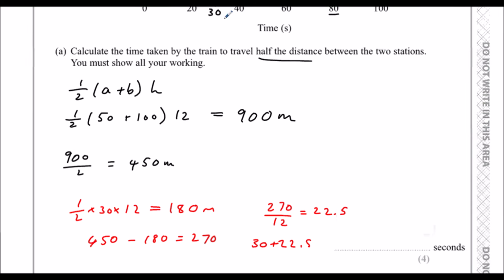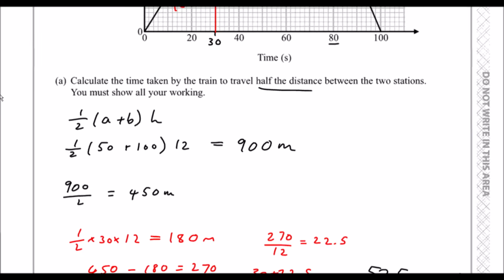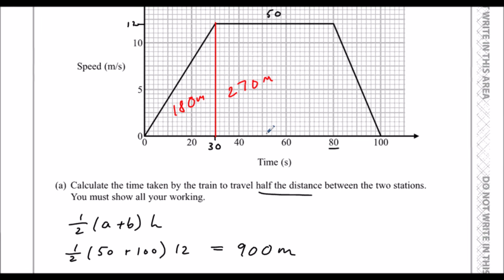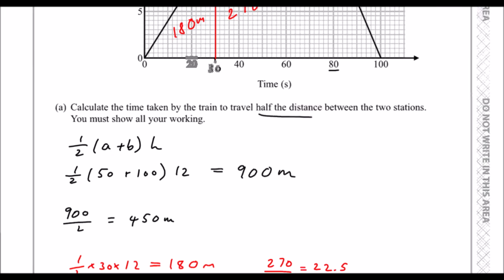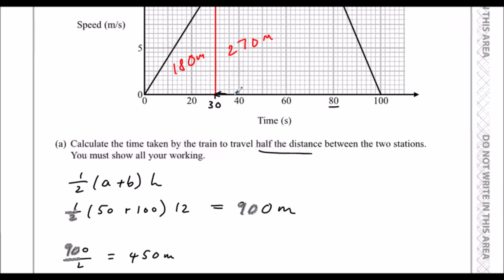So it's 52.5 seconds. So somewhere in there will give us an area of 450. So that there was 22.5.